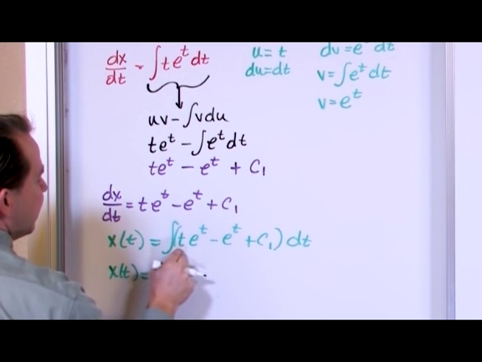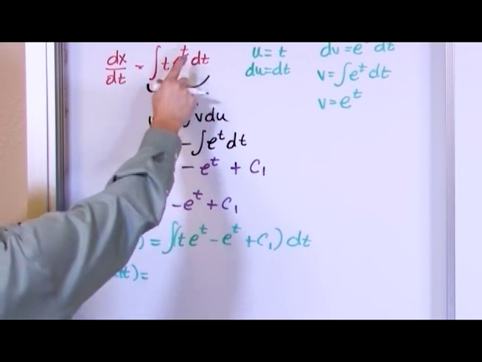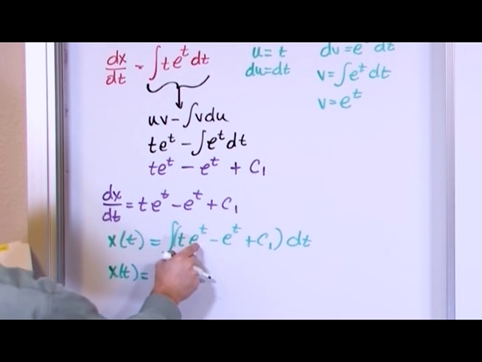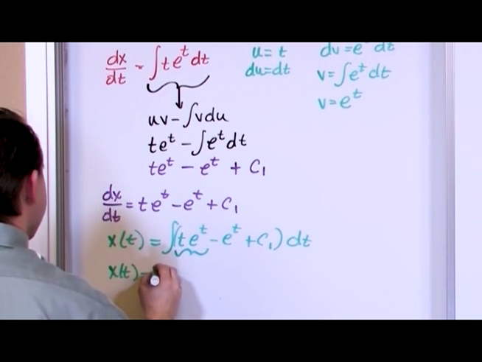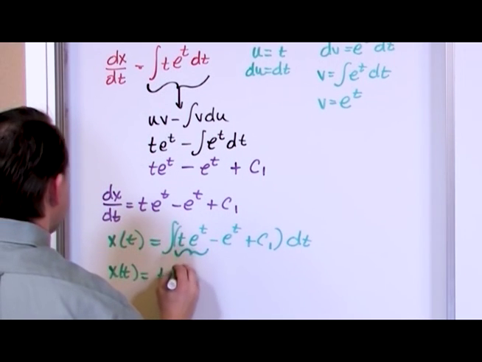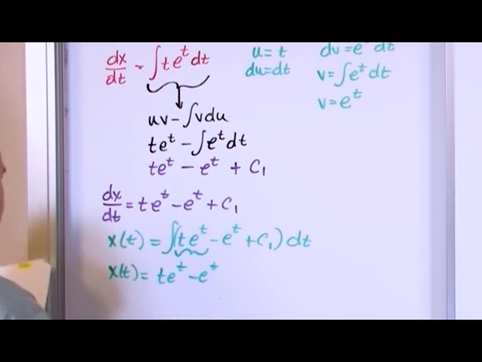The first term is t e to the t. We have to integrate that, but that's exactly what we already integrated. So here's where it gets a little bit complicated. You have to make sure you do your work right. Let me put a little bracket around this, because it is exactly the same thing as what we calculated up here. So we should get t e to the t minus e to the t.